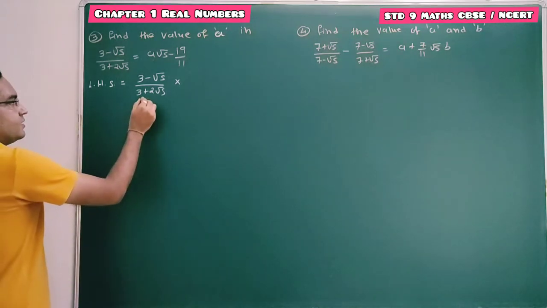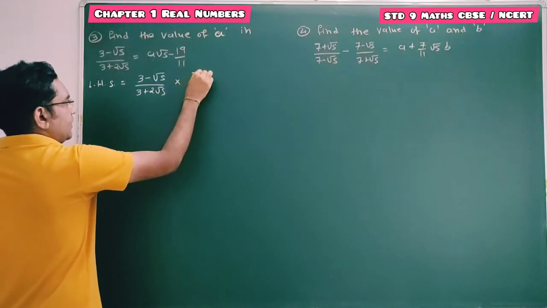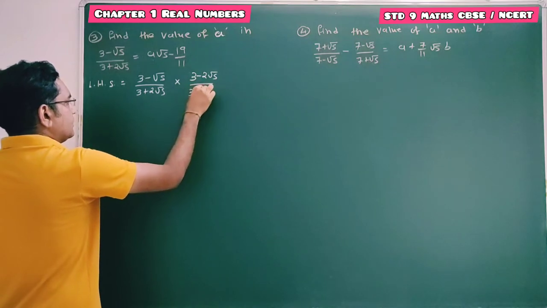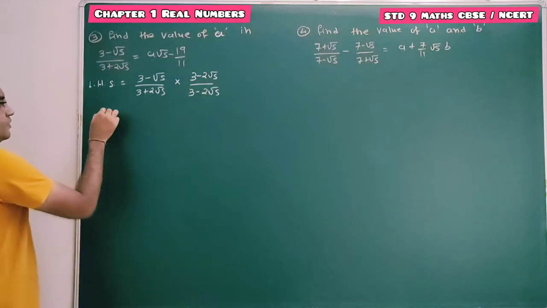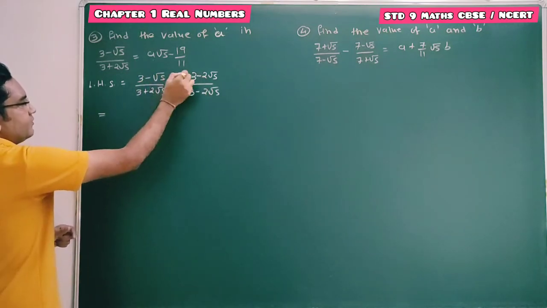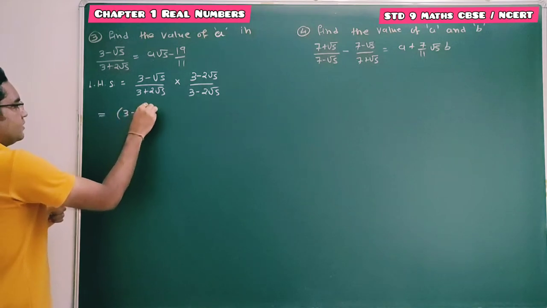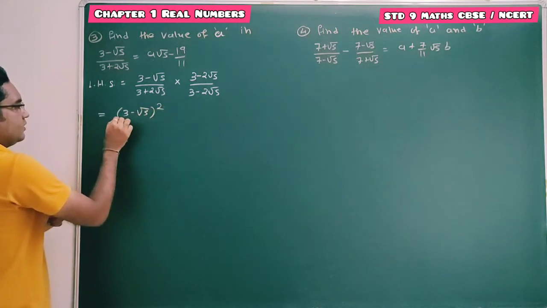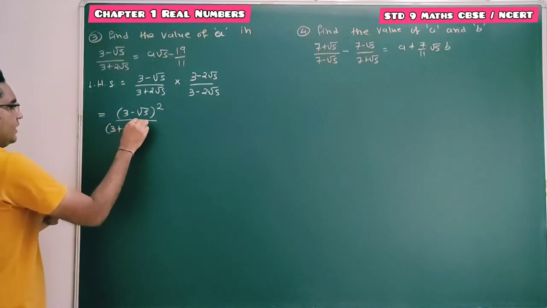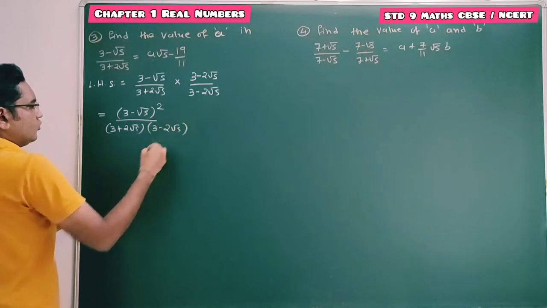So here the rationalization factor for this 3 plus 2 root 5 is 3 minus 2 root 5 upon 3 minus 2 root 5. Now this is equal to, performing the expansion, 3 minus root 5 whole square, and denominator it's 3 plus 2 root 5 and 3 minus 2 root 5.